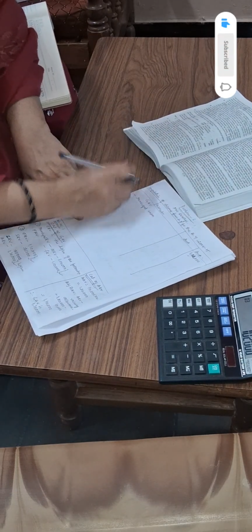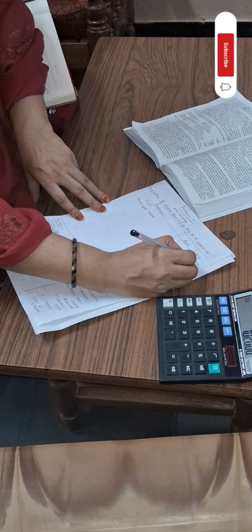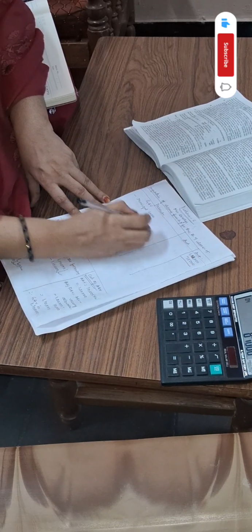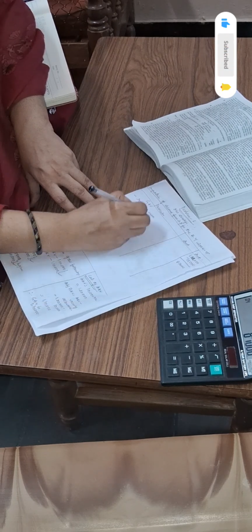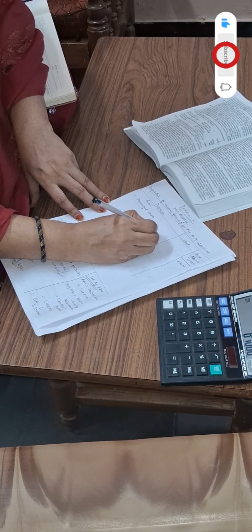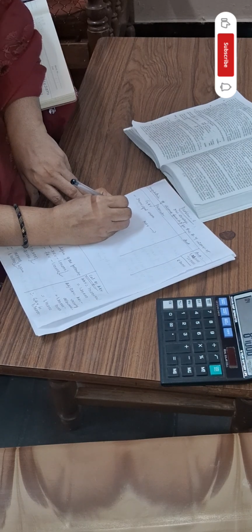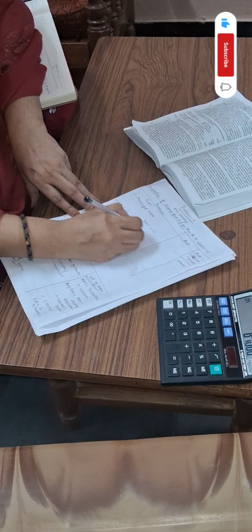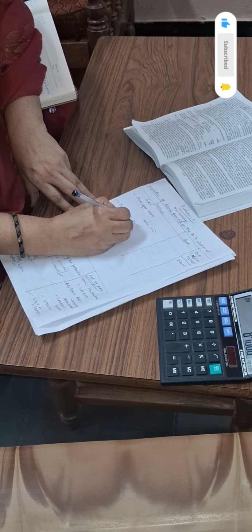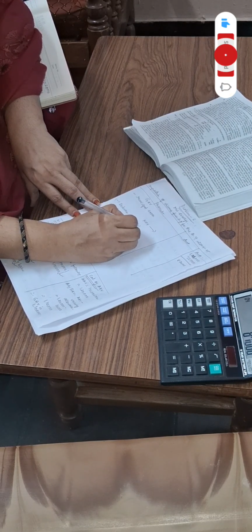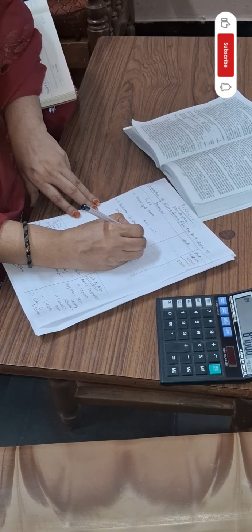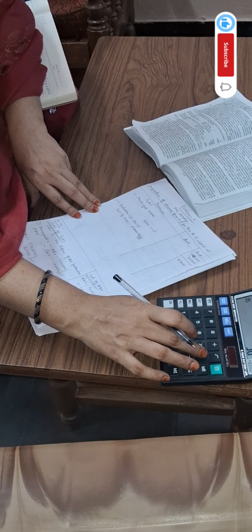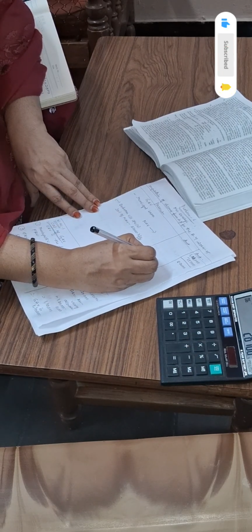Then your municipal taxes is how much? 15,000. 1,02,000 minus 15,000, 87,000 is NAV. Then two deductions, that is deduction under section 24A, 30% of NAV. 30% of NAV is how much? 87,000 into 30 by 100 is 26,100.